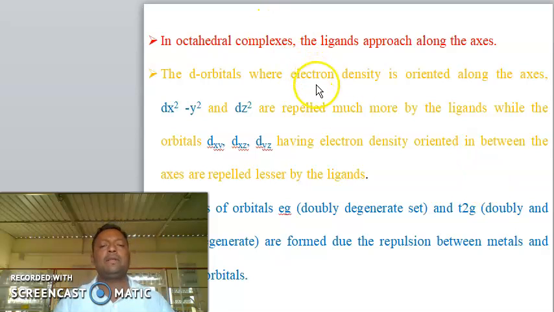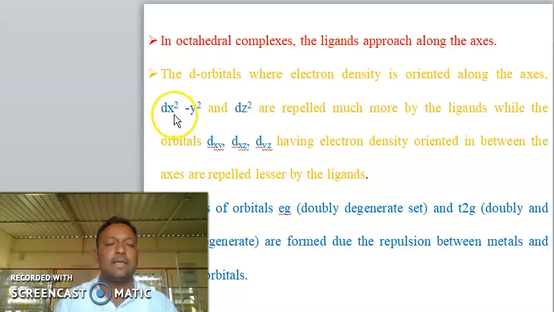In octahedral complexes, the ligands approach along the axis. The d orbitals where electron density is oriented along the axis, that is dx²-y² and dz², are repelled much more by the ligands, while the orbitals dxy, dxz and dyz, having electron density oriented in between the axes, are repelled less by the ligands.